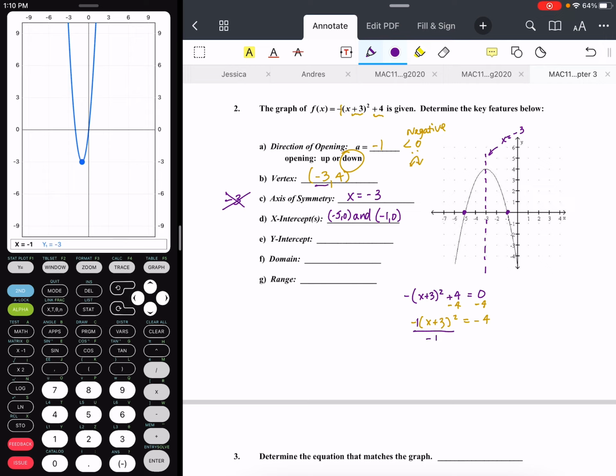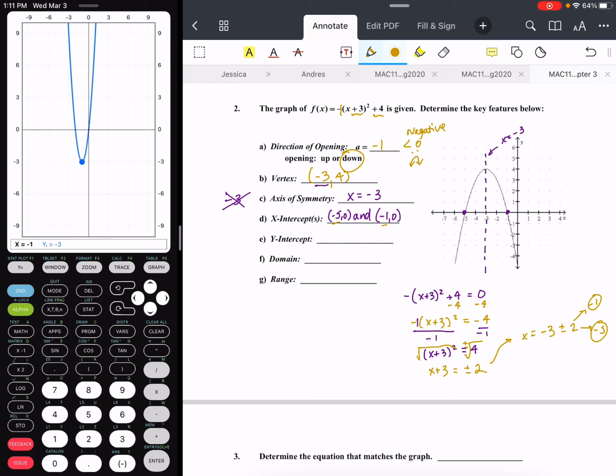So if I divide both sides by -1, this gives me (x plus 3) squared equals +4. Taking the square root of both sides, plus or minus, I have x plus 3 equals plus or minus the square root of 4, which is 2. Subtracting 3 from both sides, x equals -3 plus or minus 2. So -3 plus 2 is -1, -3 minus 2 is -5. And there's our -5 and -1.